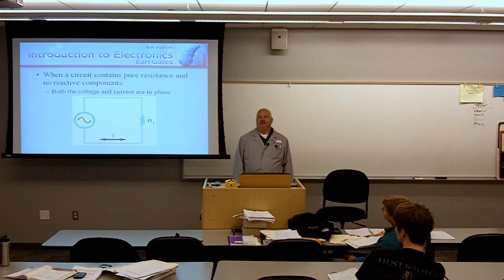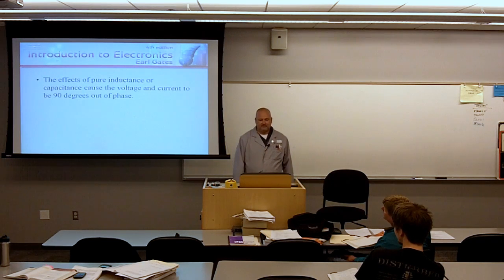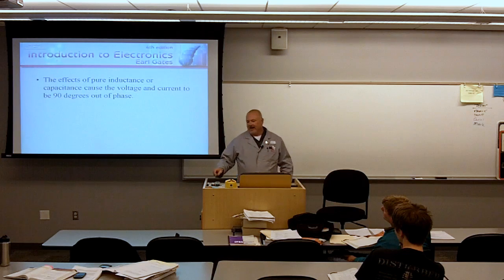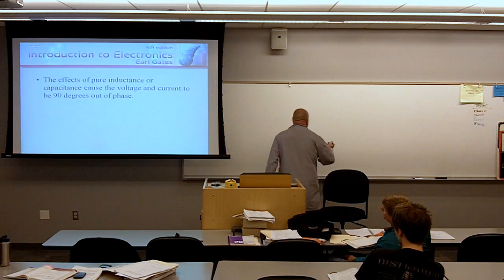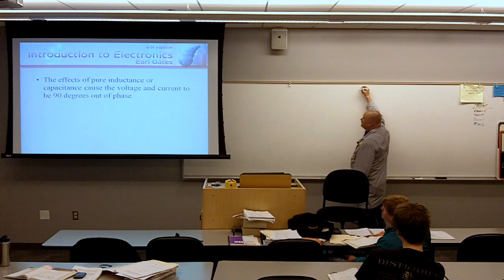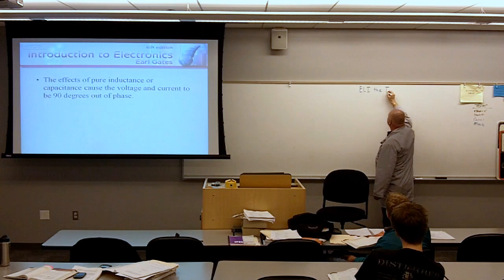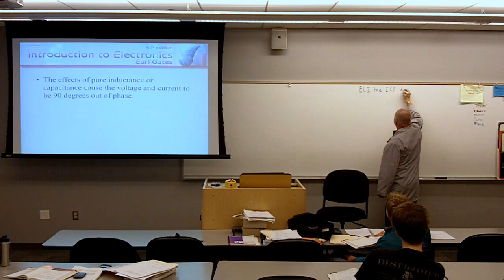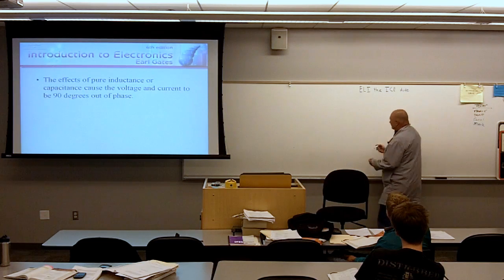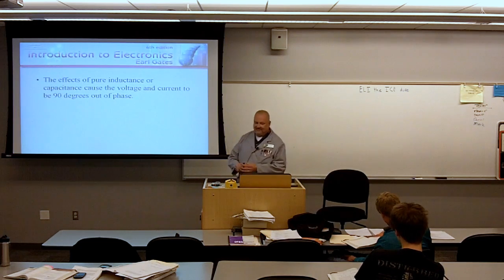When a circuit contains pure resistance and no reactive components, both voltage and current are in phase. Remember that chapter? AC, resistive circuits? I made fun of that chapter too. Now, the effects of pure inductance or capacitance cause the voltage and current to be 90 degrees out of phase. Well, the best thing in dealing with this is remembering the phrase that pays, which is ELI the ICE man.